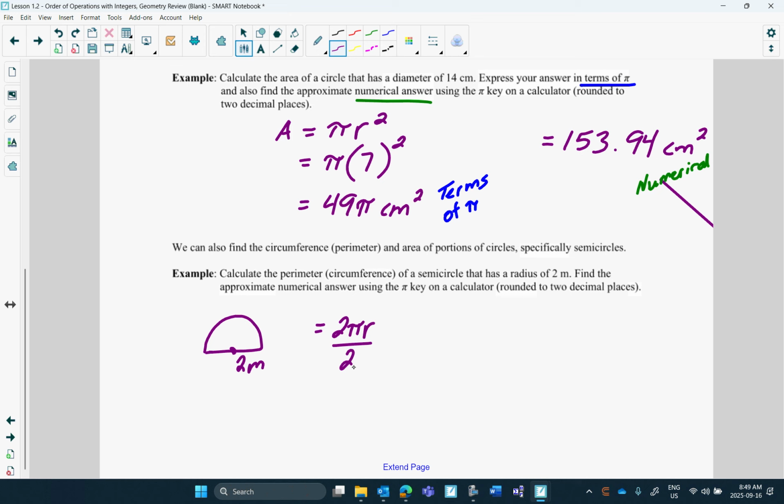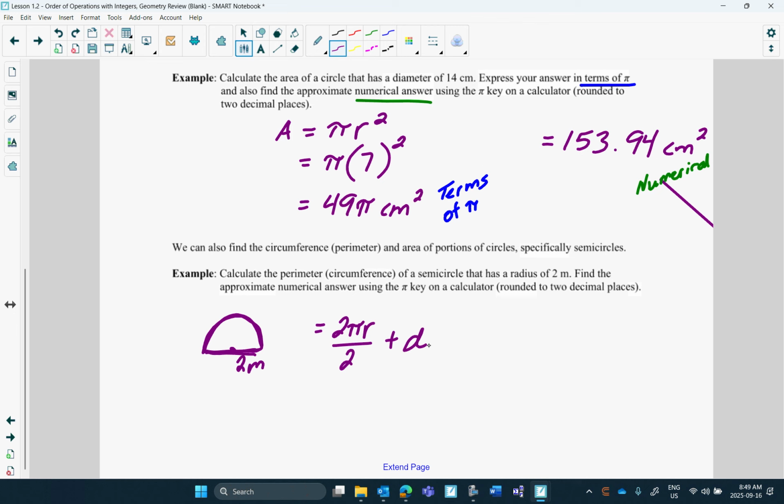I heard somebody say plus. Doesn't this just find this? Don't you have to find the perimeter of the whole shape? So don't we have to add? So we have to add a diameter.